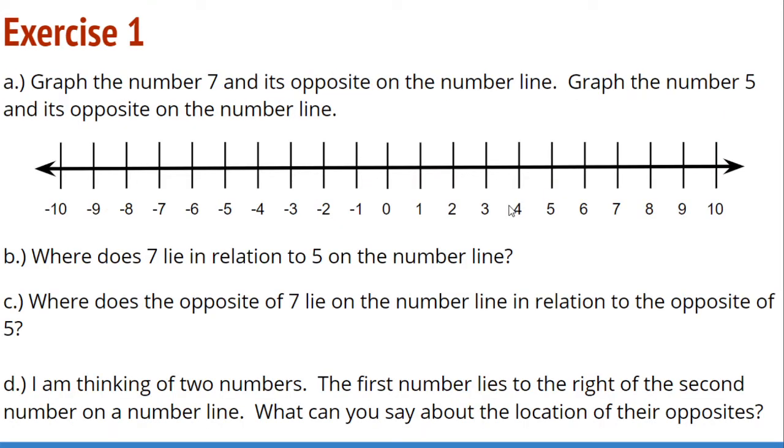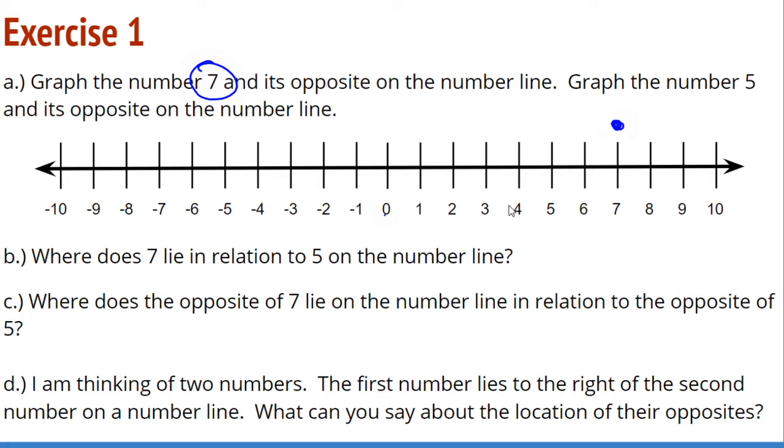All right, so we're going to put this into some practical use here. We're going to graph the number 7 and its opposite on the number line, and then we're going to graph the number 5 and its opposite on the number line. So graphing the number 7, I start at 0, and this is a positive 7, so I'm moving to the right to a positive 7.